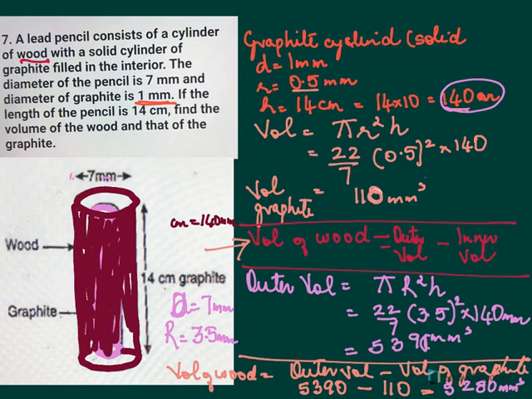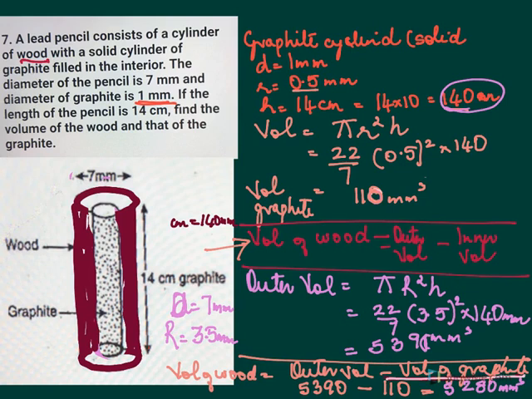And from there, since the whole pencil was not wood, the wood was hollow, we then subtracted this middle part. Here is a subtraction. We subtracted the volume of the graphite here.